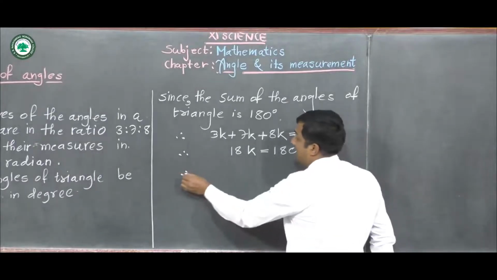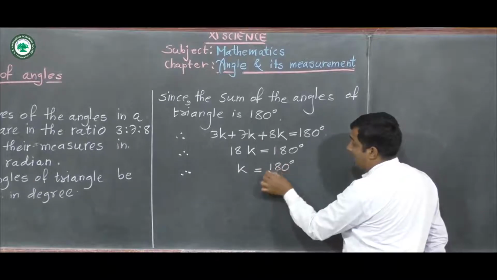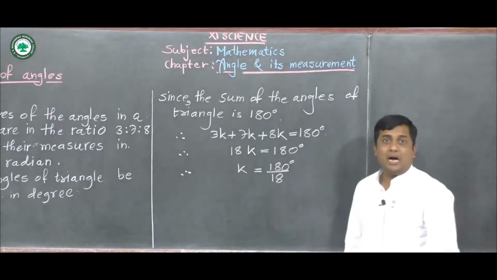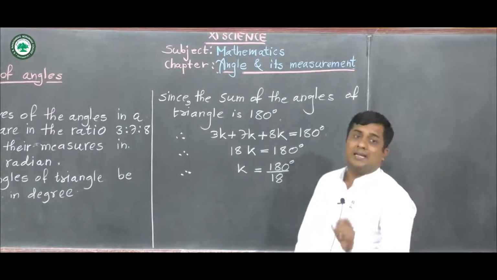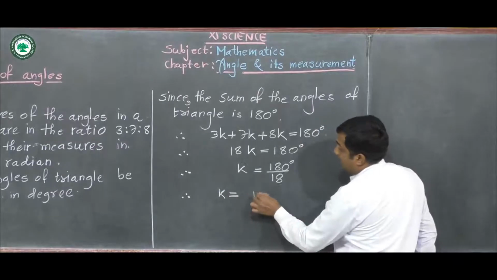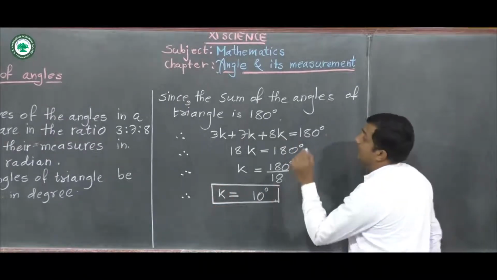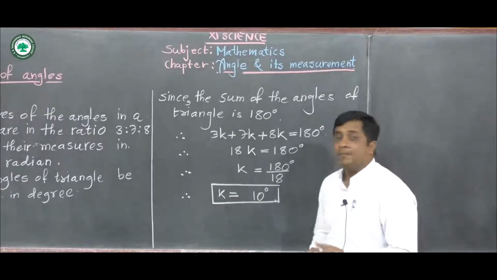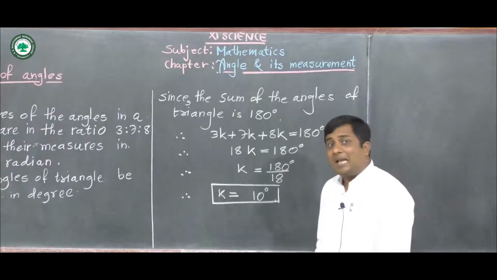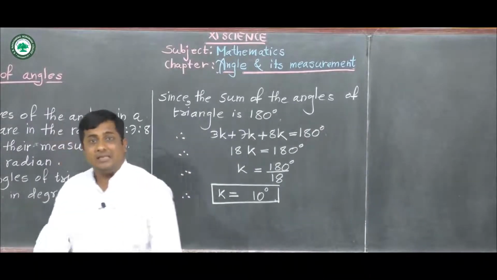Then in the next step, k is equal to 180 degrees upon 18, which is 10. So we get the value of k as 10 degrees. Now to find the angles in degrees, we replace k with 10 degrees.